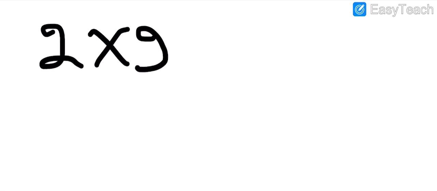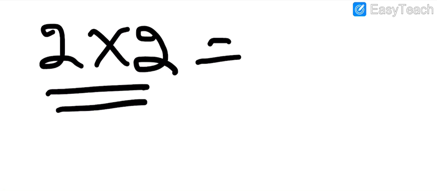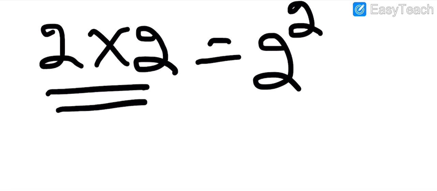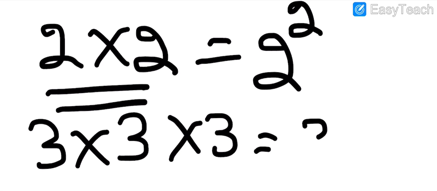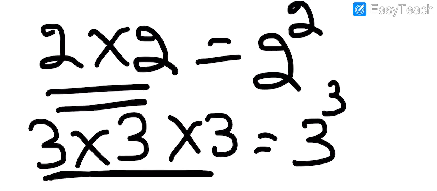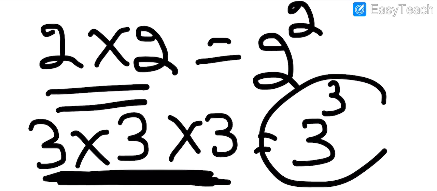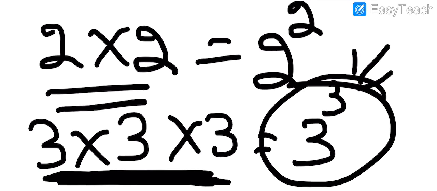Index notation is that if I divide a number or find the factors, if 2 is coming 3 times, then instead of writing it 3 times I can write 2 cube. If 3 is coming 2 times, I can write 3 square. Instead of writing it this way, if I write it this way, this is index notation. I hope it's clear. Okay, so let's start.